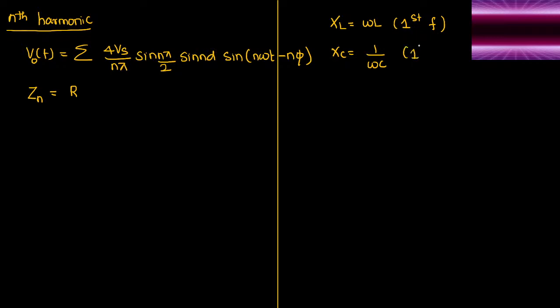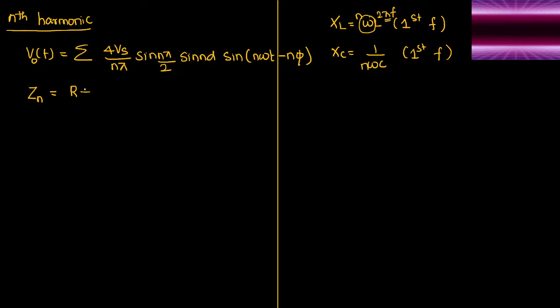Suppose I consider the nth order, what will happen? Omega is written as 2 pi f, so it deals with the frequency only. For the nth order harmonic, the frequency will be multiplied by the harmonic number. So wherever you have frequency, that will be multiplied by n.